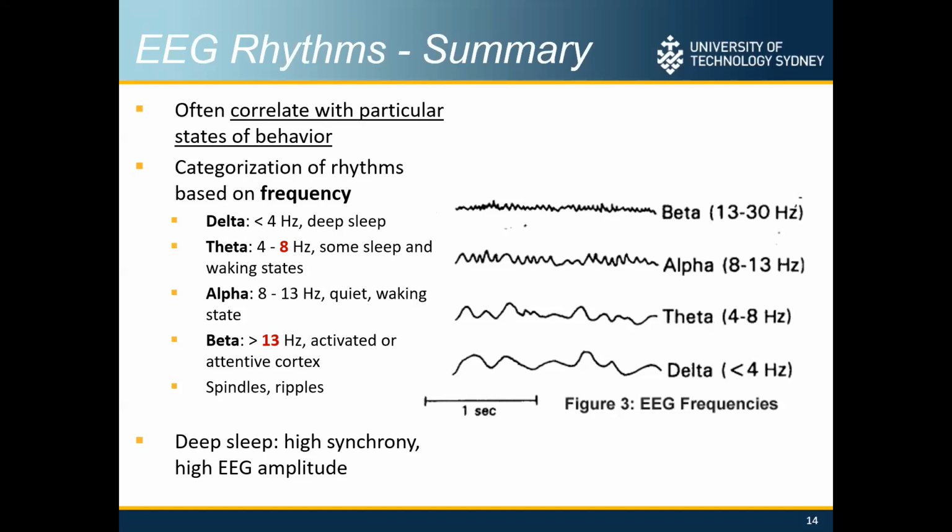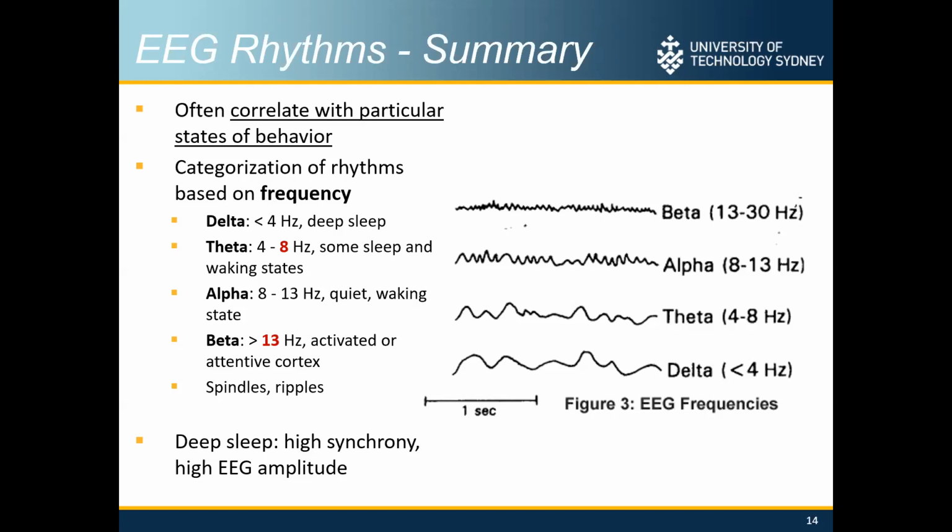Alpha, on the other hand, is characterized by 8 to 13 hertz, and beta would be 13 to 30 hertz. One thing to note here is that these brain rhythms have been associated with different types of behavior. When you have an activated or attentive cortex, what you normally see in your EEG trace is mostly beta activity.